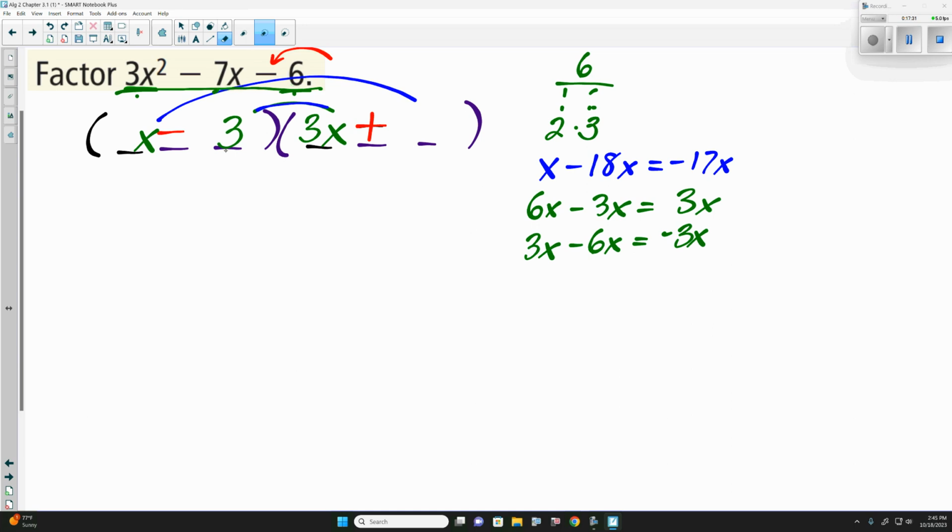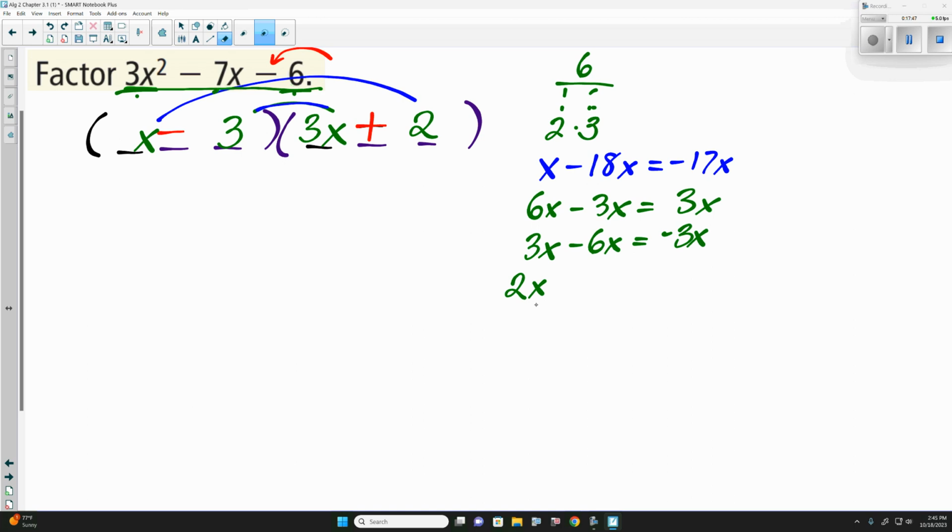So we can put the 3 here and 2 here. This arrangement, we don't have a greatest common factor in either set of parentheses, which still lines up with the original problem. And if we check it, x times 2 is 2x.